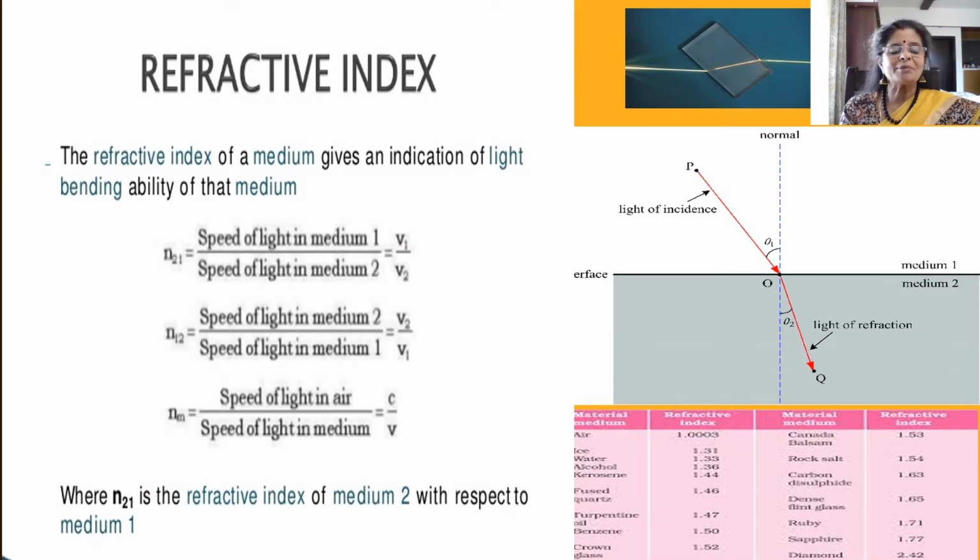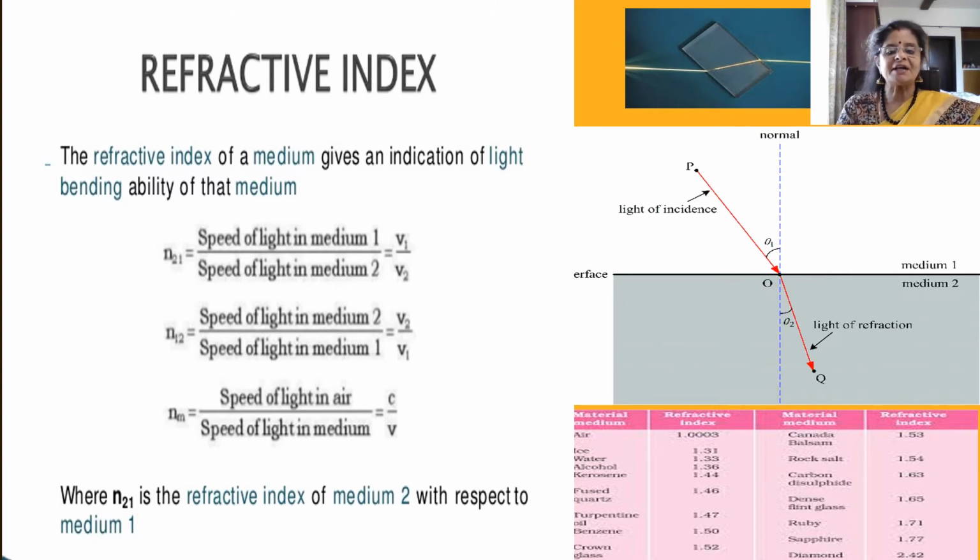Let's understand more about the refractive index. A ray of light that travels obliquely from one transparent medium to another will change its direction in the second medium, isn't it? The extent of change in direction that takes place in a given pair of media is expressed in terms of the refractive index.